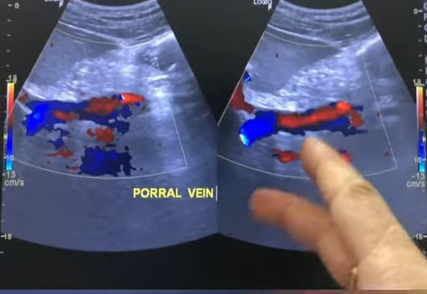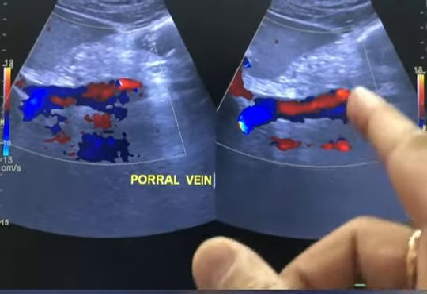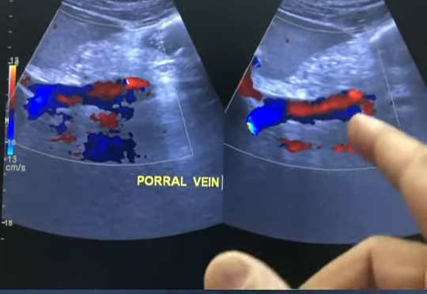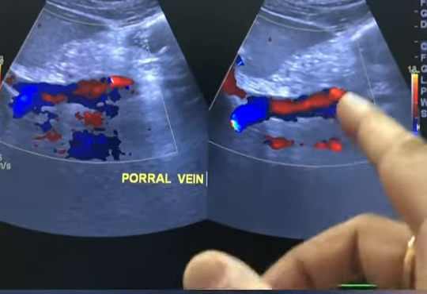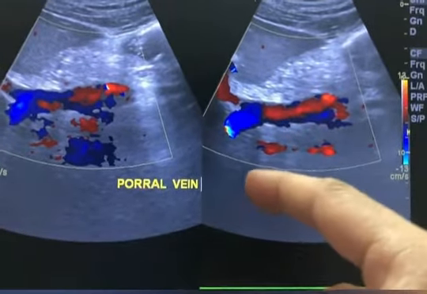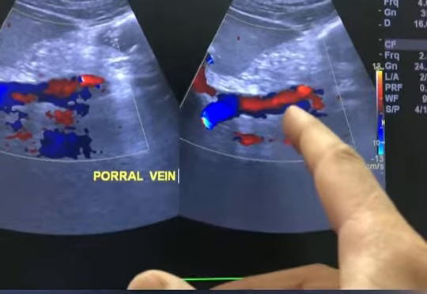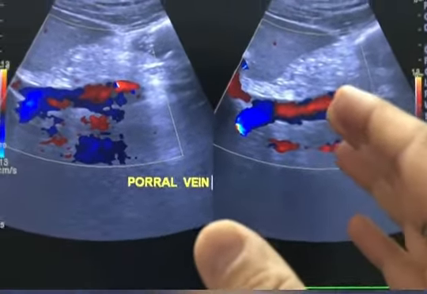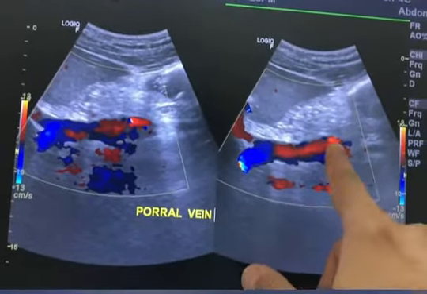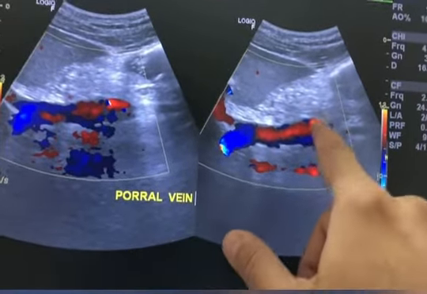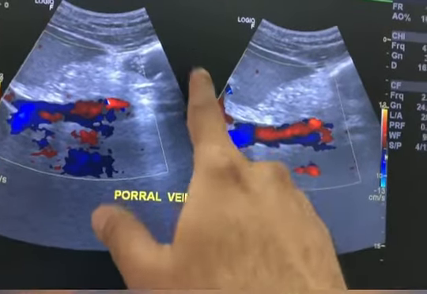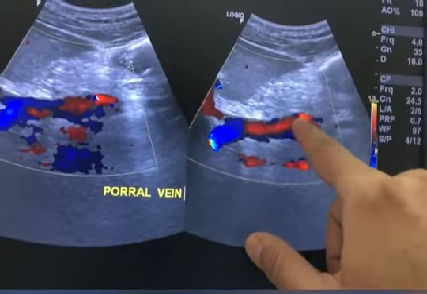When I took this Doppler in transverse view, when we see the pancreas and the portal vein, not transverse but a little bit oblique. Normally the portal flow is from the portal vein towards the liver.